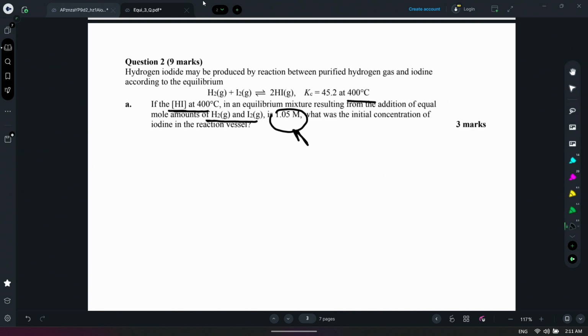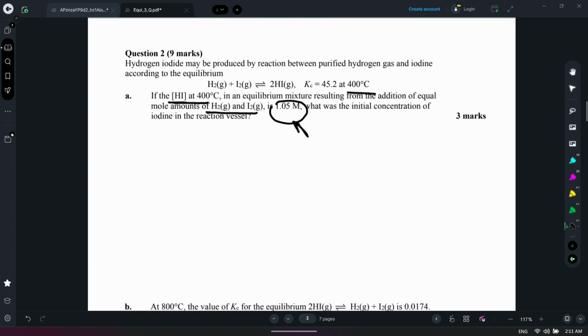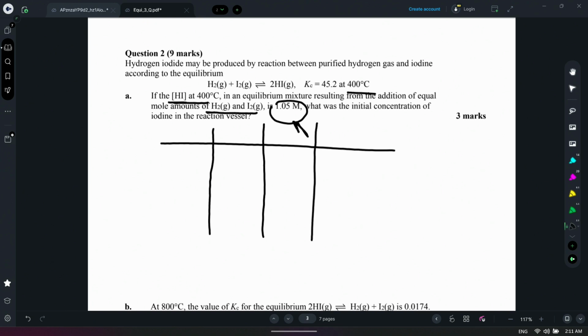Because you don't know the volume. All right, so let's try to do this question using an ICE table. So what do we do? You draw an ICE table. Okay. Now here we go: H2, I2, 2HI.